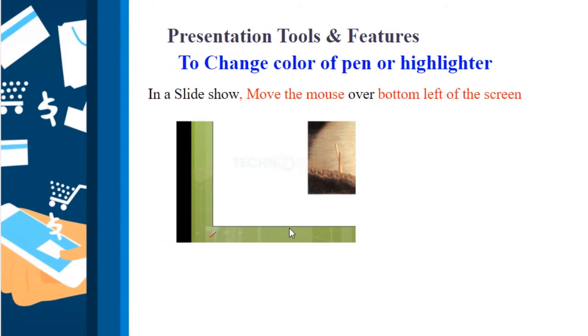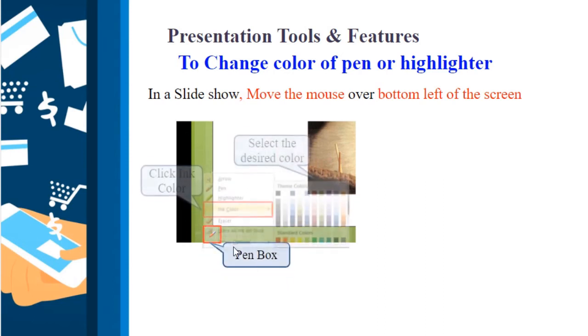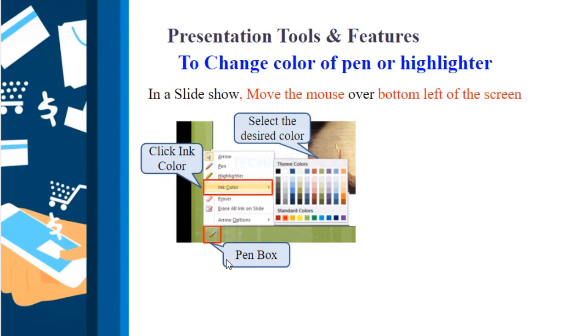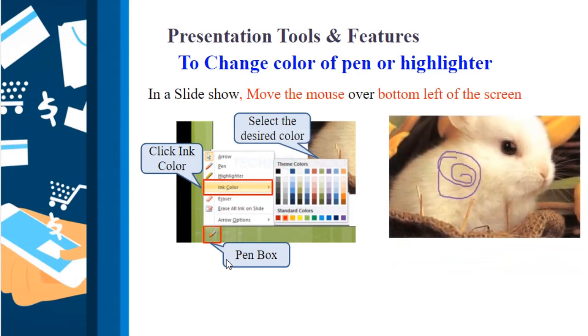To change the color of the pen or highlighter, from the same menu you can change the color. Keep in mind that light color choices are best for highlighters. So we can select the pen, decide the color and use it.